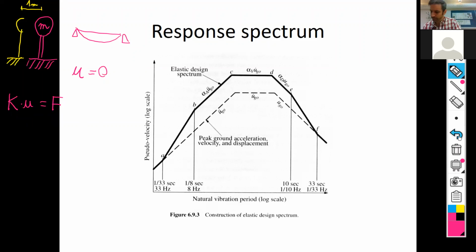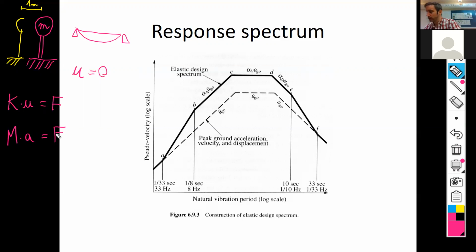On the other hand, we have this other equation also. Okay, where the forces are going to be proportional to the acceleration of the mass.